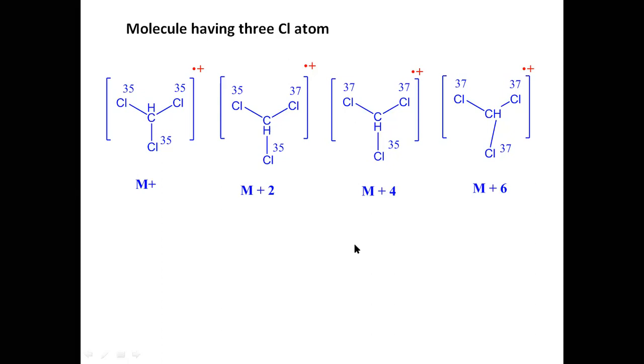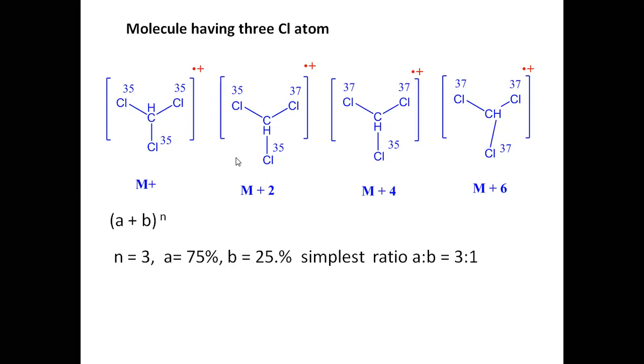Okay. See, now what is the percentage ratio? That is the important point. What about their percentage intensity? So if we are taking three chlorine atoms, how to calculate these?